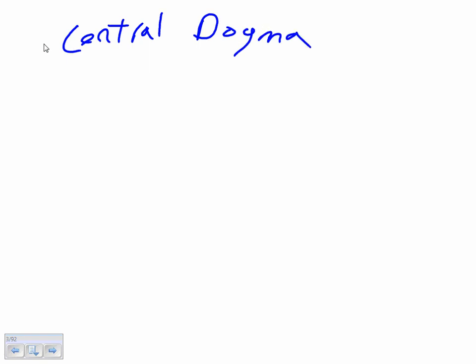What's a dogma? Yeah, it's like a main idea. So this is the main idea of genetics. And basically, it looks like this. Every living thing has DNA. And we know that DNA's only job is to what? Code for proteins.